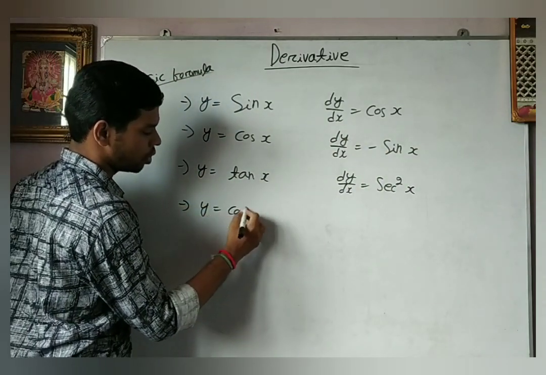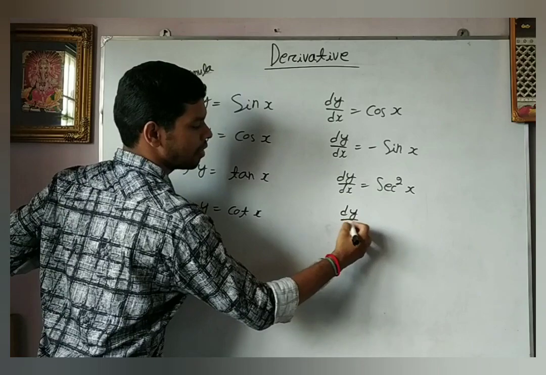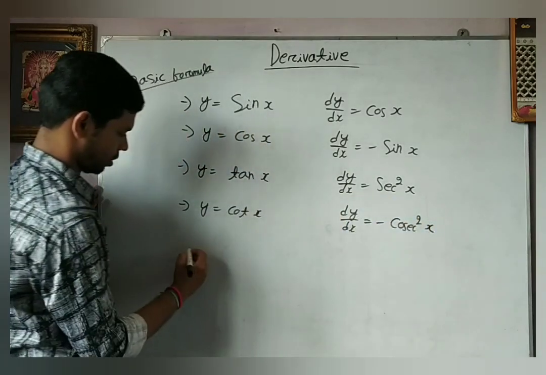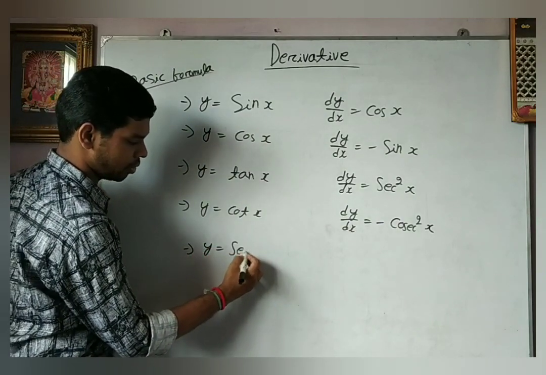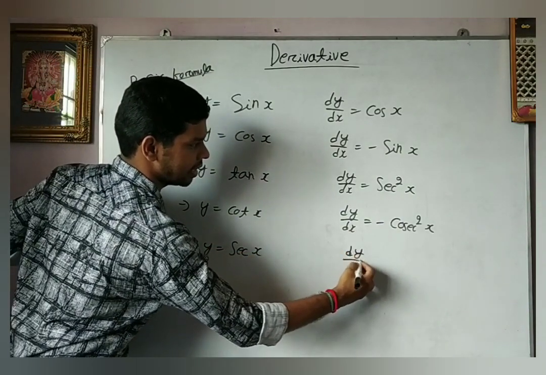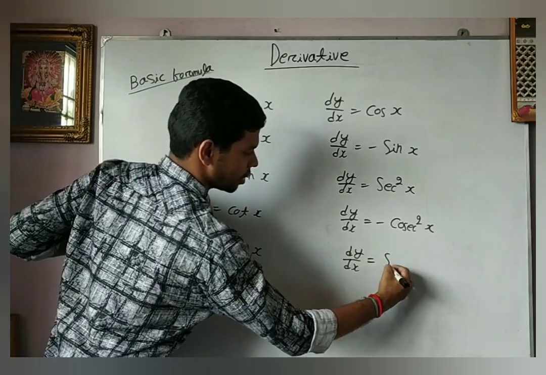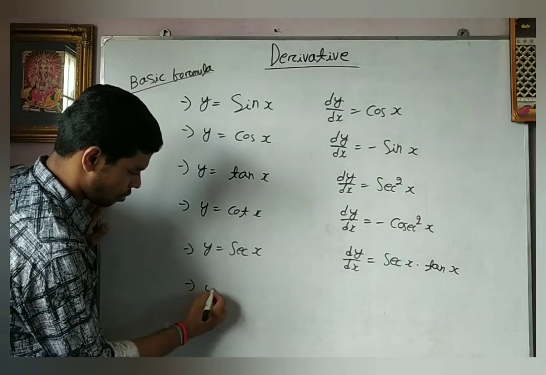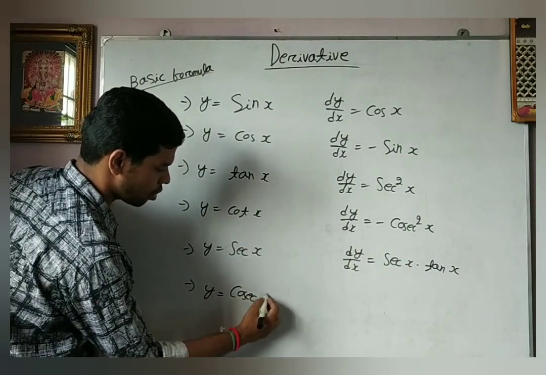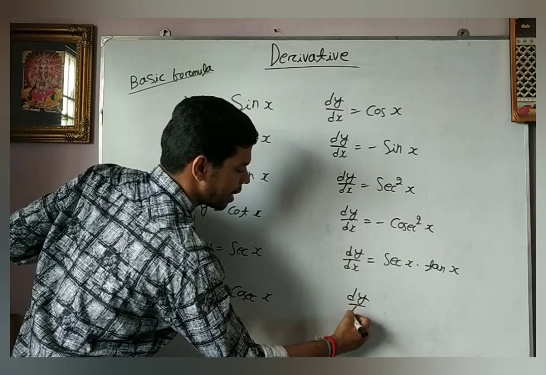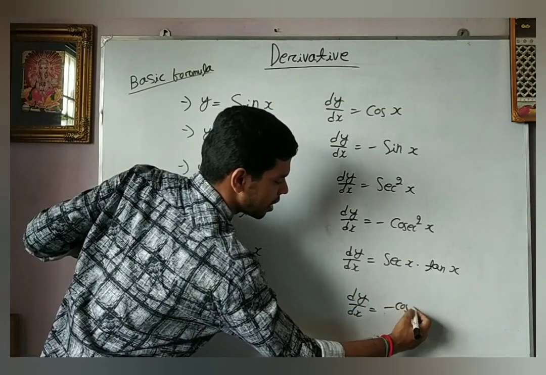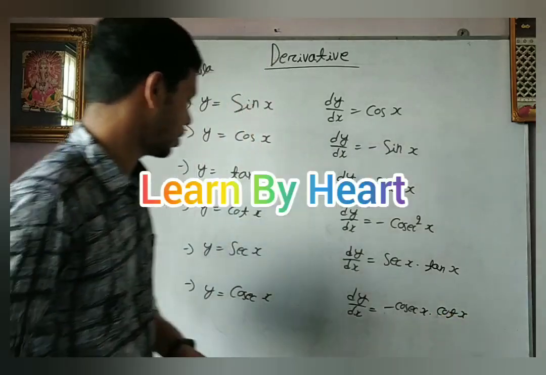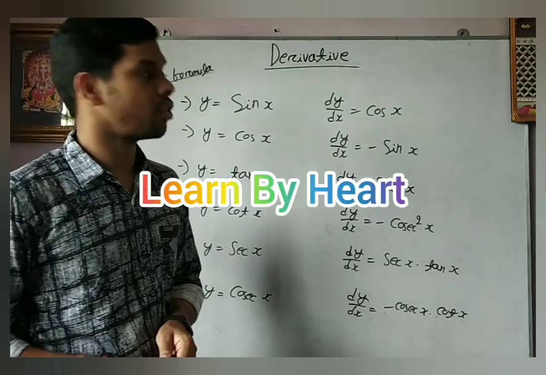Y equal to cot x, dy by dx equal to minus cosec square x. Y equal to sec x, dy by dx equal to sec x into tan x. Y equal to cosec x, and dy by dx equal to minus cosec x into cot x. This is the derivative of trigonometry type functions.